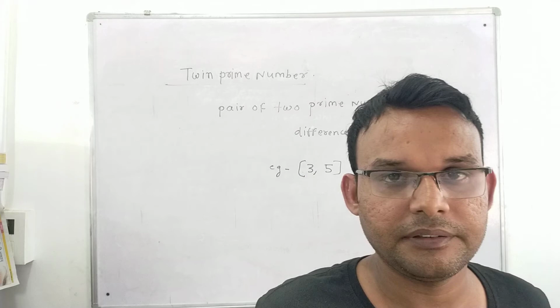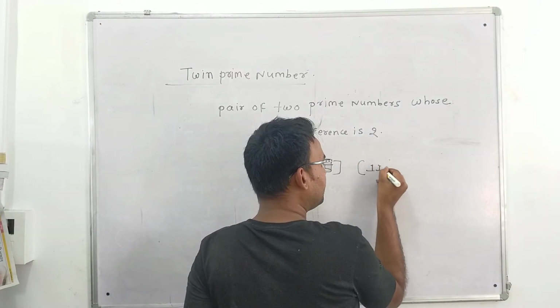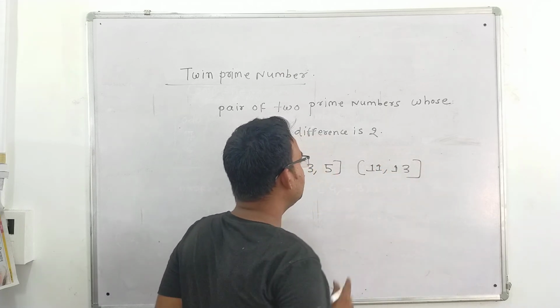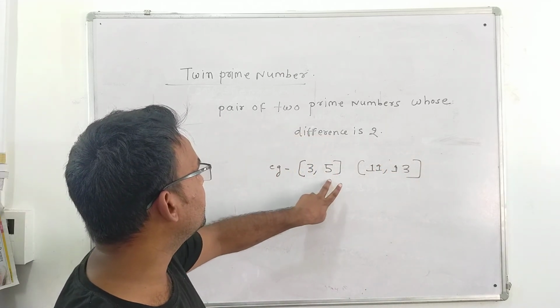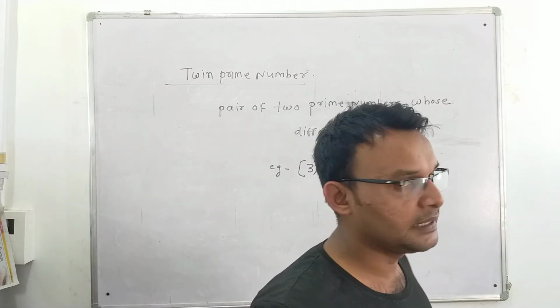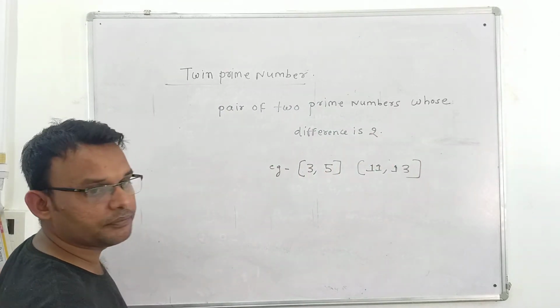Example is 3 and 5. Another example you can see is 11 and 13. Both the numbers are prime, but the difference between them is 2. Therefore, these are called twin prime numbers.